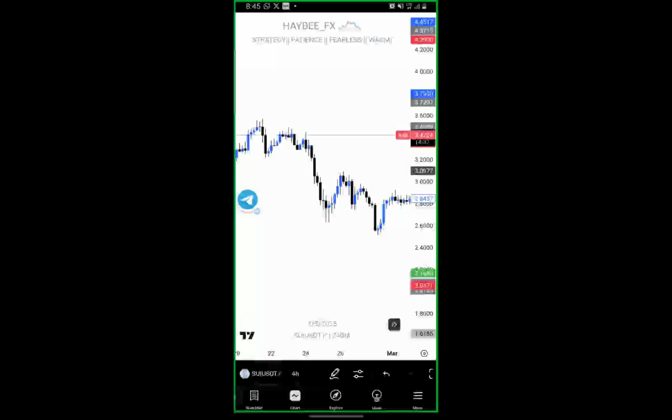If I say it's just a price line, no, it's a zone, because you have to mark out that price zone.